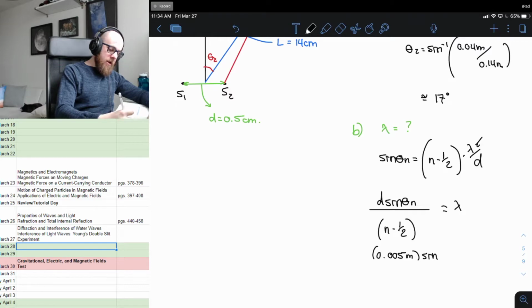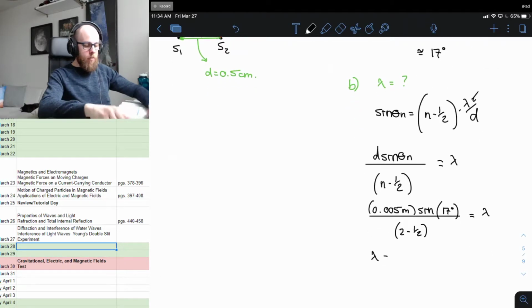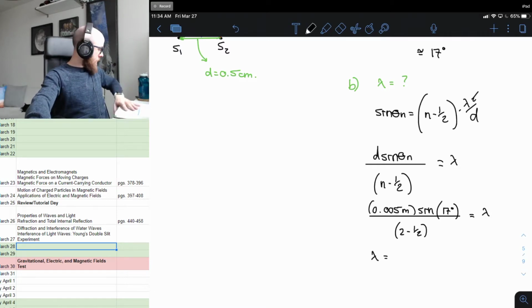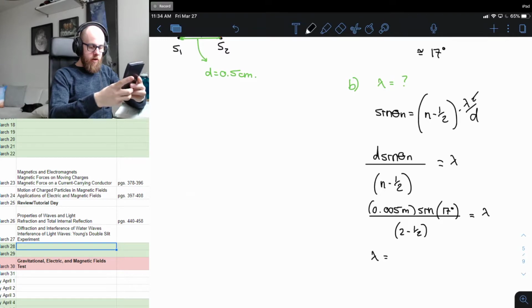Sine of theta n, the value that I found in part A, that's 17 degrees, over n, which is 2, so 2 minus a half, which is equal to lambda. So my wavelength, plug that in, see what I get. 0.005 sine 17 over 1.5.